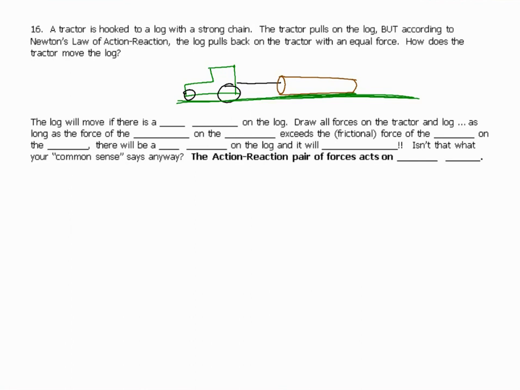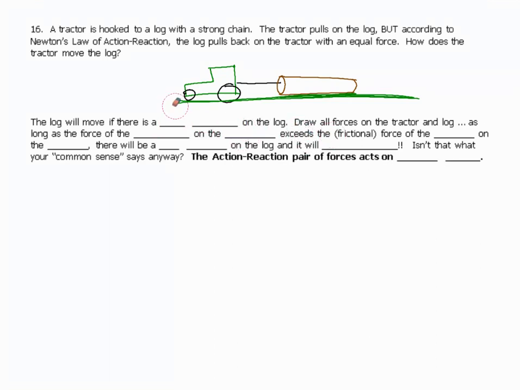So the log will move if there's a net force on the log. So draw all of the forces on the tractor and the log. So let's see what all we've got here. Let me actually move this out of the way.